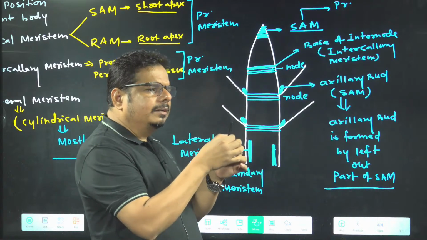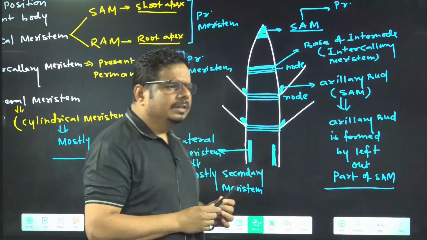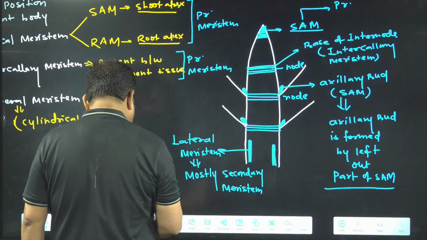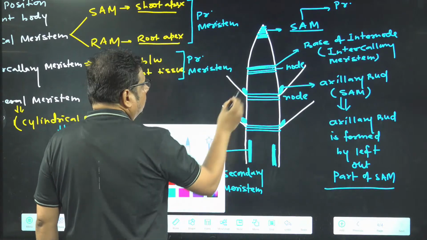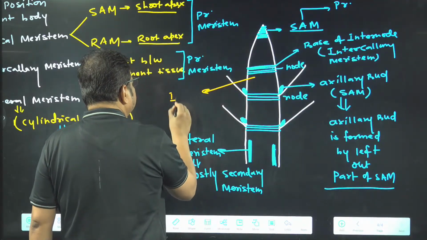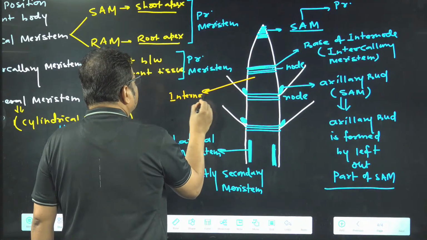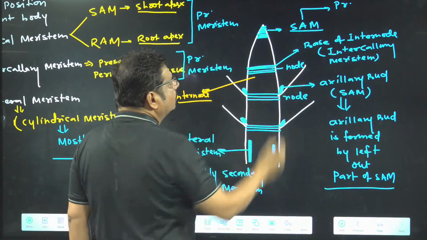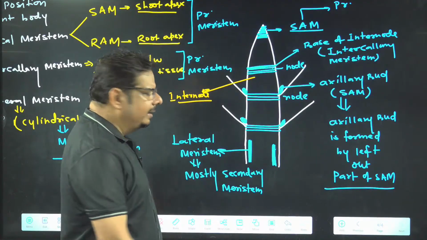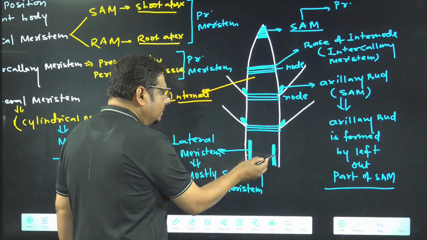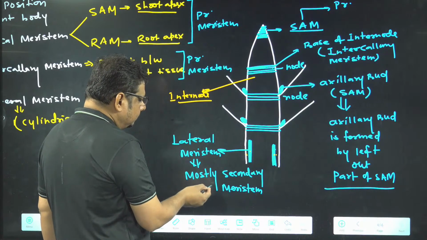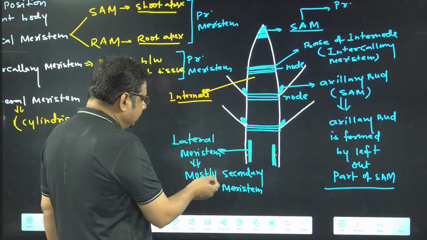Between two nodes is the internode. At the base of the internode, who is present? Intercalary meristem is present. And in the lateral position, who is there?